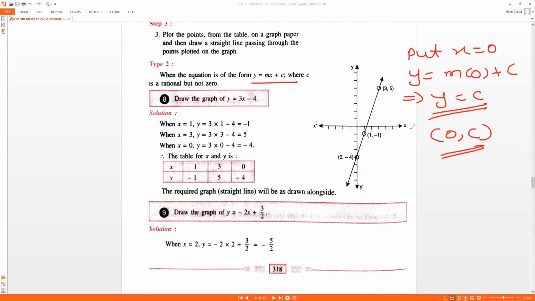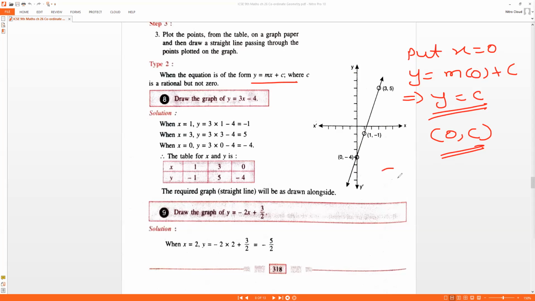Any point which lies on the line satisfies the equation of the line. Or conversely, if a point satisfies the equation of the line, then it lies on the line itself. This is what you have to remember. So when I put x is equal to 0, that point should lie on the y-axis. And what is that point? 0 comma c.